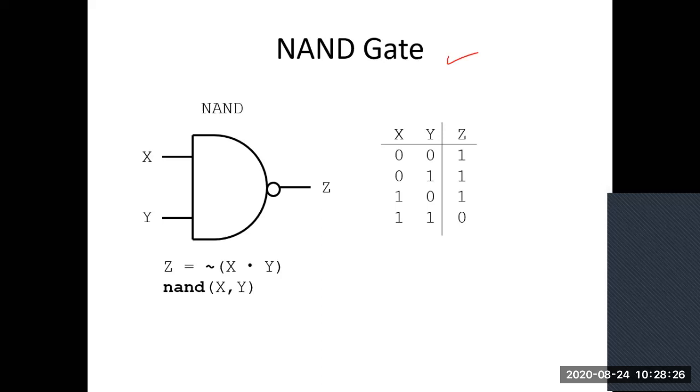So if you have a function and you want to design it with basic gates, you need at least three gates in most of the cases: one is the AND gate, second is the OR gate, and third is the NOT gate. But if you design the same function with a universal gate, which is NAND, you need only and only NAND gates. Later on, we will see the NOR gate.